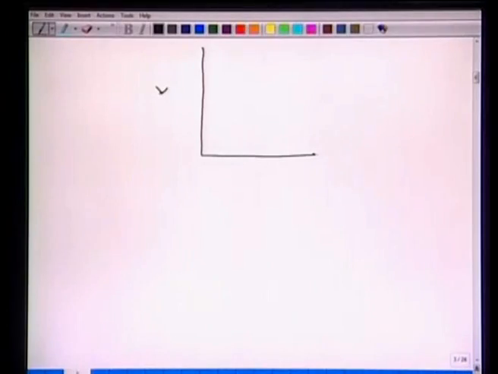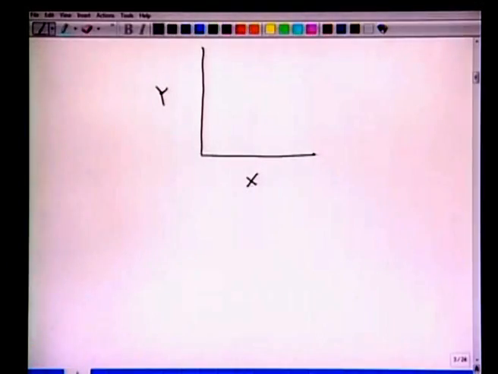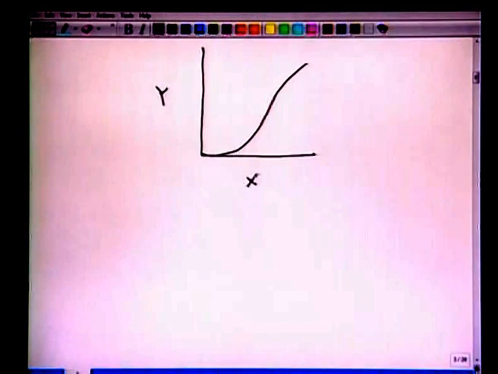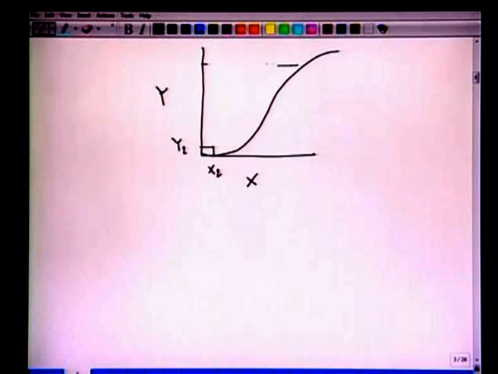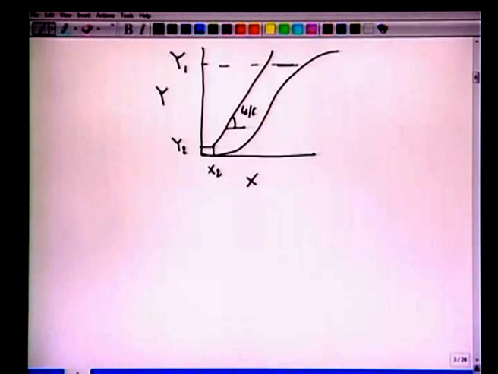Suppose we have an equilibrium curve like y versus x, and it goes like this, and we concentrate on the same x2 and y2 as earlier, and y1 was given here at some concentration. Now if you want to draw an operating line with the slope Ls over Gs, and we reduce the slope, in other words we are trying to find the minimum amount of Ls, we must realize that we can have a tangent here.